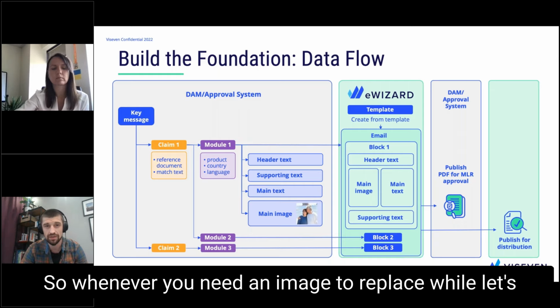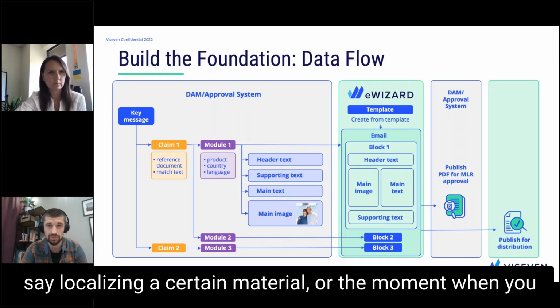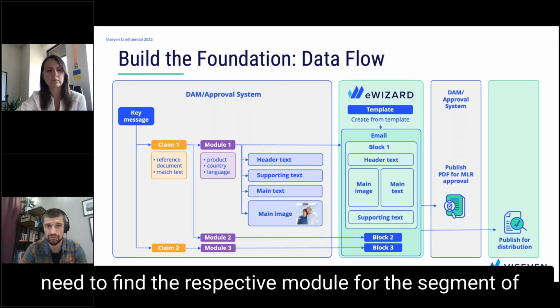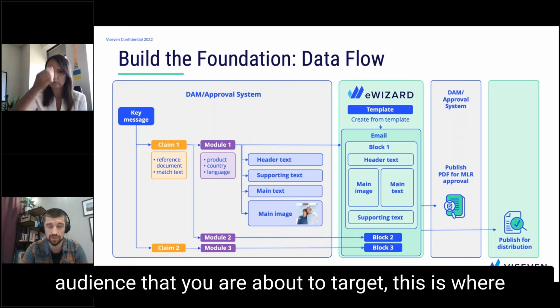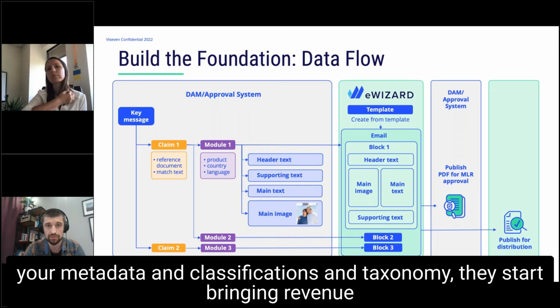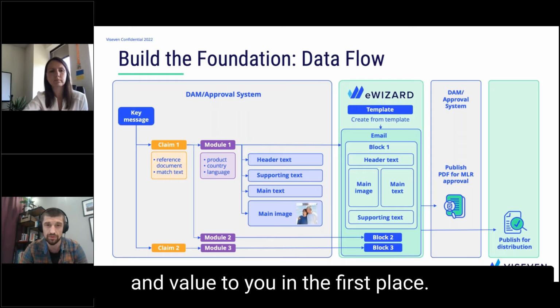So whenever you need an image to replace while, let's say, localizing a certain material, or the moment when you need to find the respective module for the segment of audience that you are about to target, this is where your metadata and classifications and taxonomy start bringing revenue and value to you in the first place.